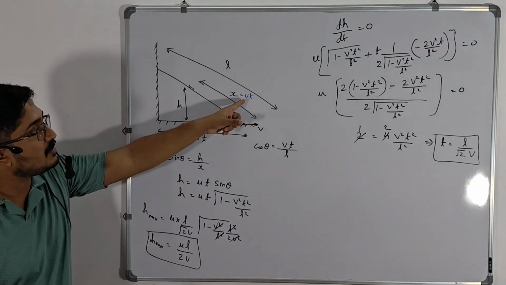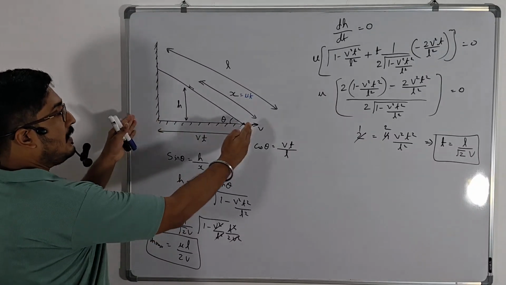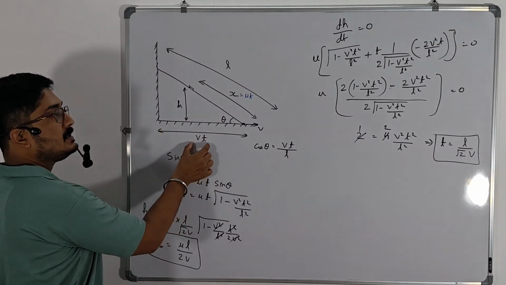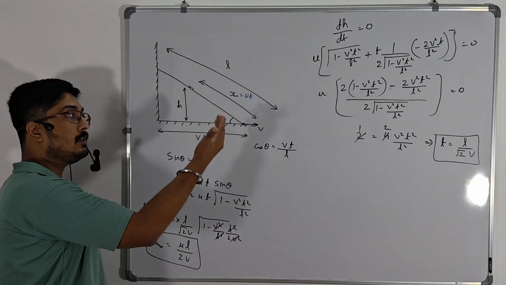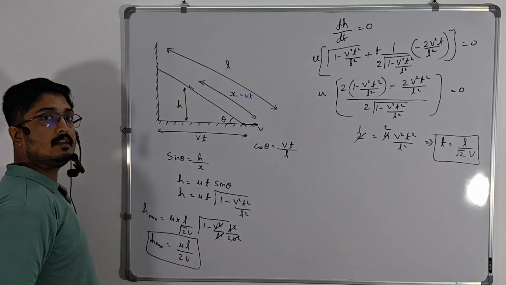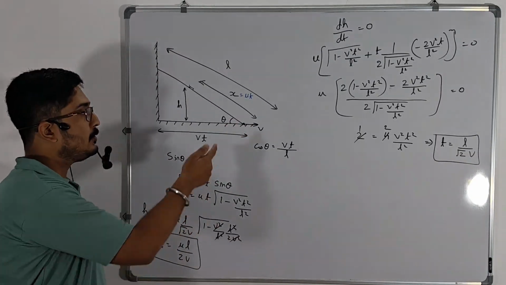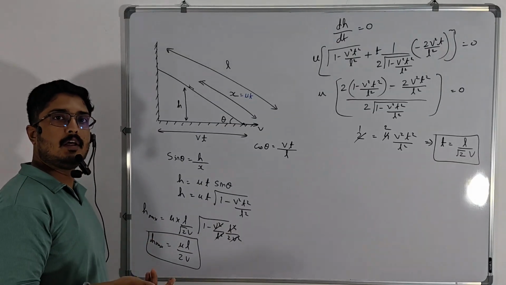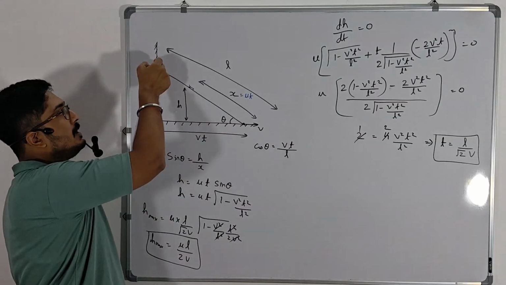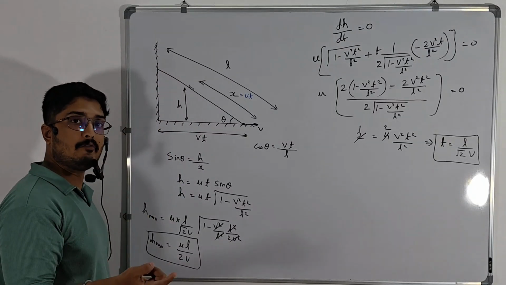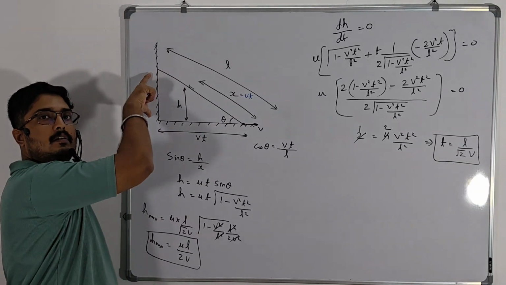What if the velocity of the insect is so high that before the stick could cover a distance of vt for which the h becomes maximum, the insect reaches here? Imagine this velocity of the insect to be very high compared to this v. Then before even the stick could cover some distance, the beetle would already be reaching here. Then what's the maximum height of the beetle? This height would be the maximum height.